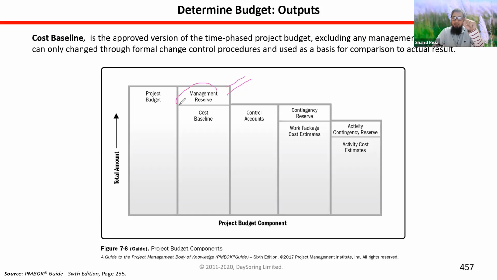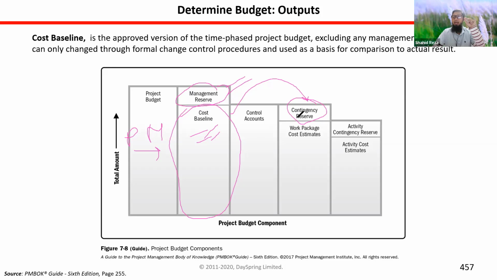The project manager cannot use management reserve without the permission of management. But for contingency reserve, the project manager has the authority to use it, because it is part of the cost baseline, which actually includes contingency reserve.